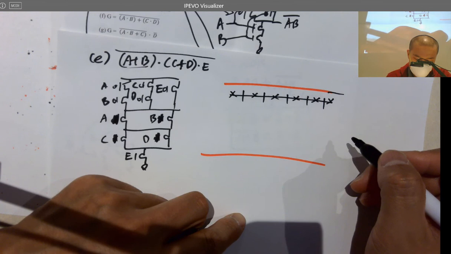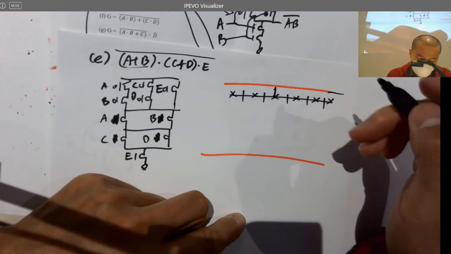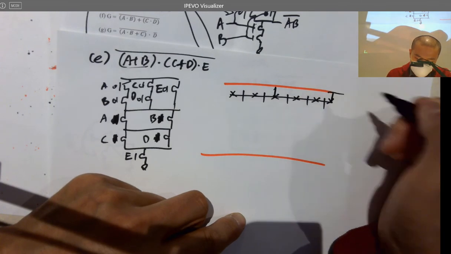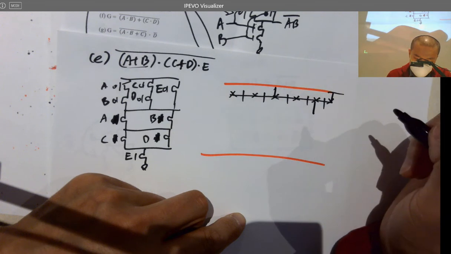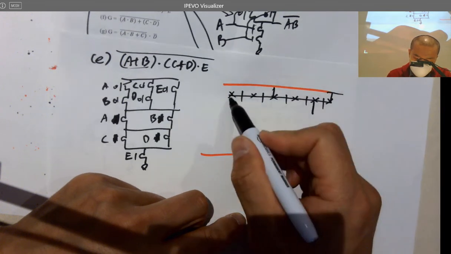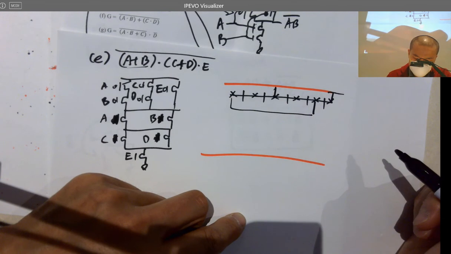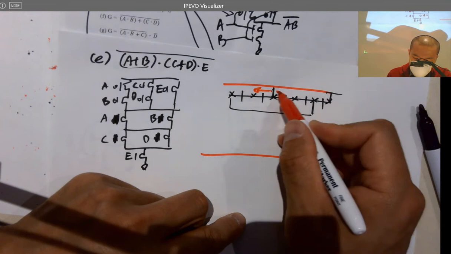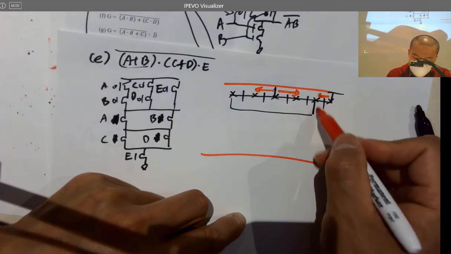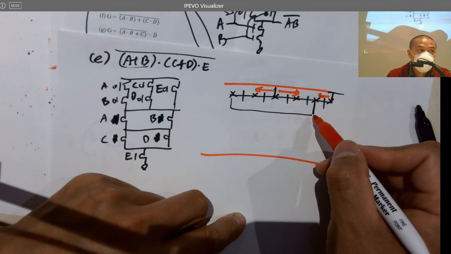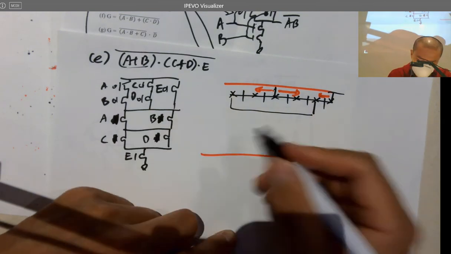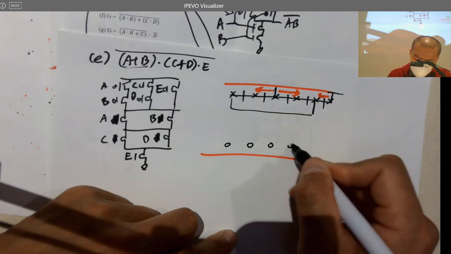How to do that? Because 1, 2, 3, and merge. For the following ones, 1, 2, 3, 4, 5, 6.